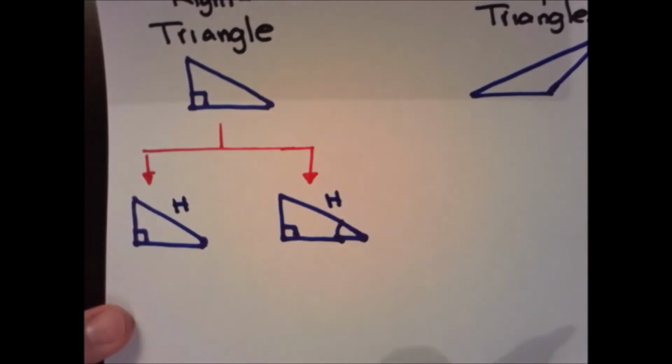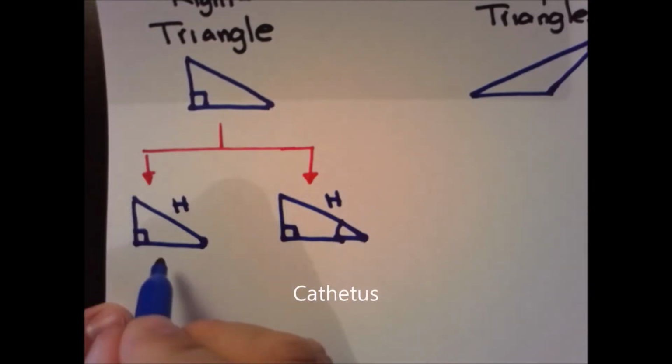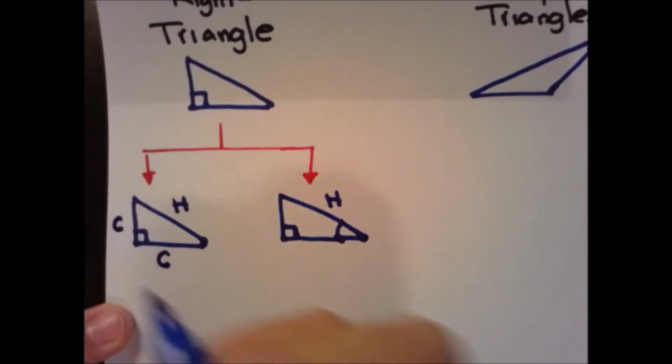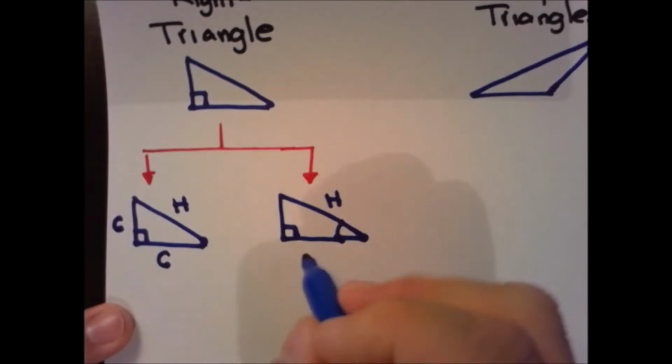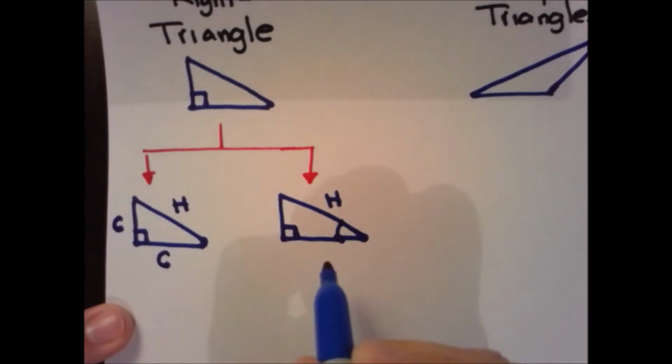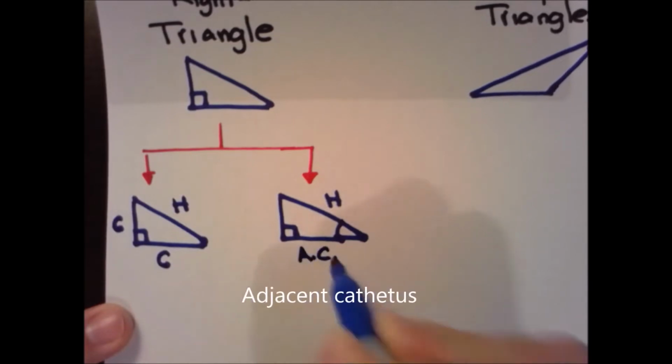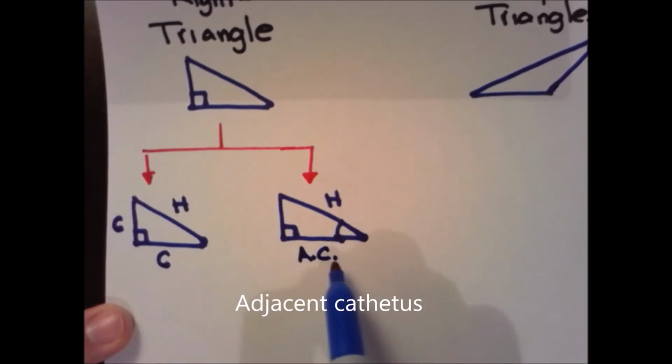Now, what about the other sides? The other sides are called cathetus. But in that case, I'm just going to talk about cathetus and cathetus. All right, that's all. But here the cathetus are going to have an extra name. This cathetus is going to be called not just cathetus, it's going to be called adjacent cathetus. Why adjacent cathetus?